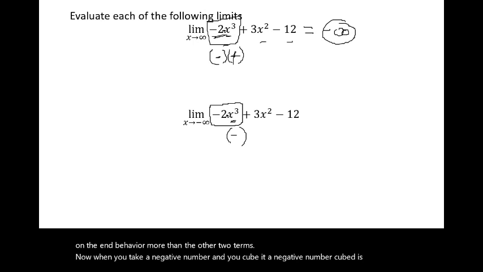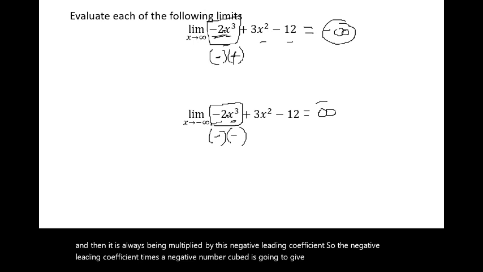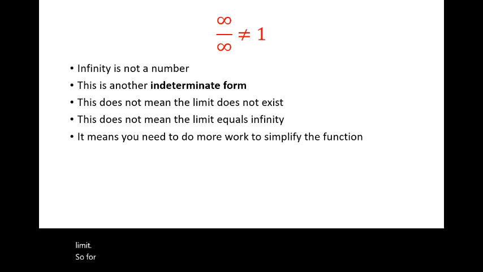And then it is always being multiplied by this negative leading coefficient. So the negative leading coefficient times a negative number cubed is going to give you positive infinity for this limit. So for polynomials, always look at the degree and the leading coefficient.